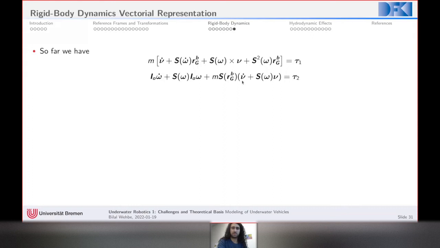The same thing we will find here. You can see that these terms are actually the same. So the off-diagonal terms of the inertia matrix are the same. So this m multiplies that part here.